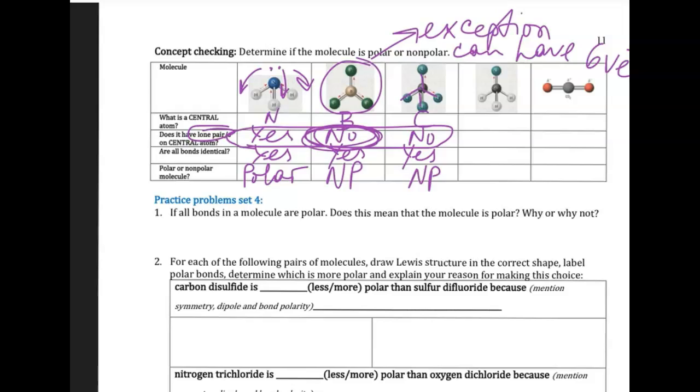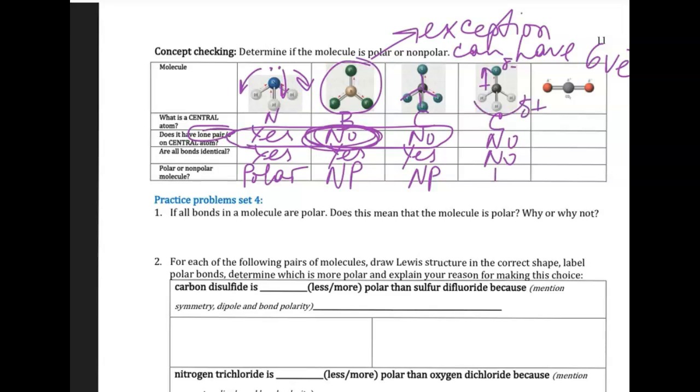So the next one, CH3Cl, the central atom is carbon. No lone pairs here. And you can see not all bonds are identical, because we discussed that carbon-hydrogen bonds are non-polar, but the carbon-chlorine bond is polar.